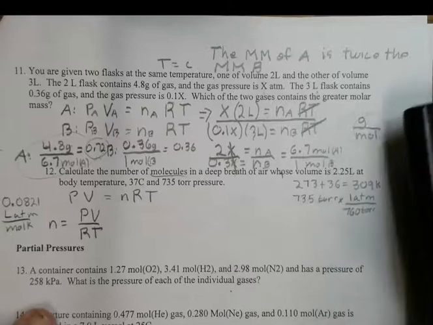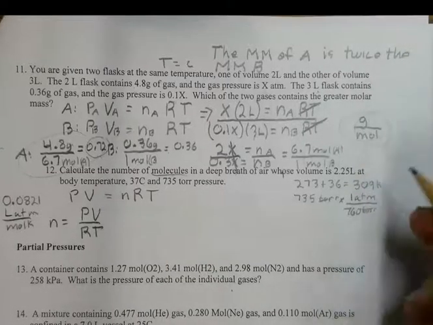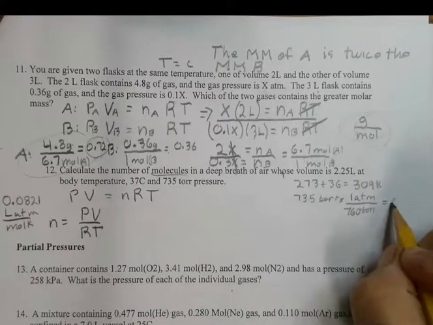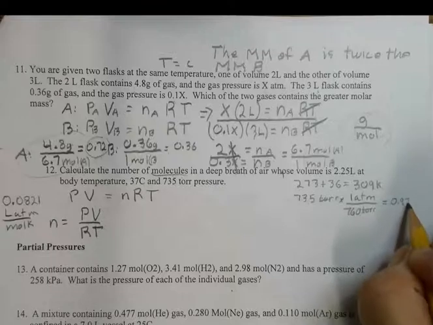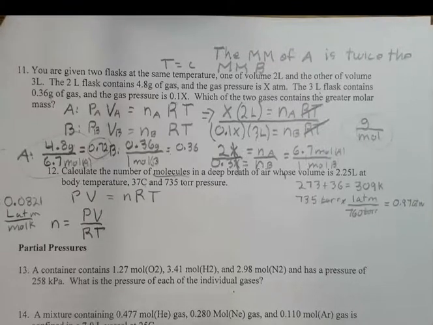So it's 735 divided by 760. And that gives us 0.97. So now, 0.97 atmospheres. So everything is in units that we can plug into this equation.